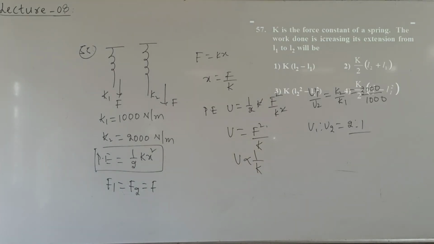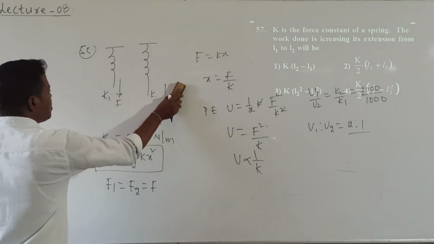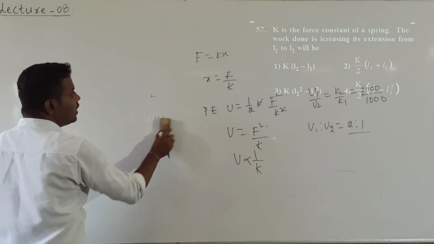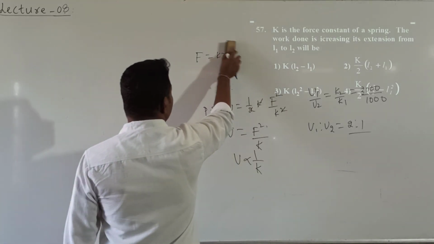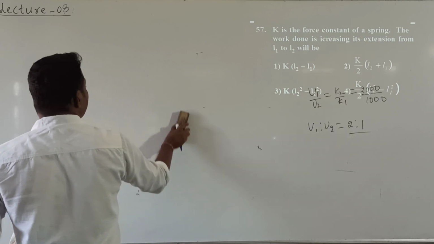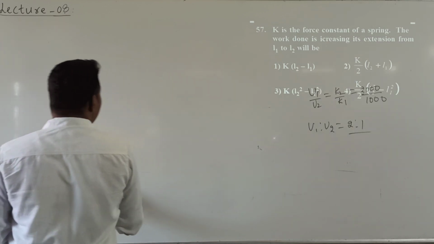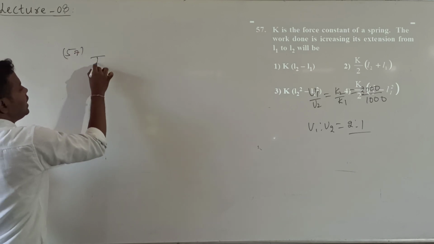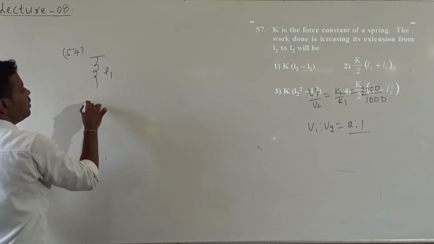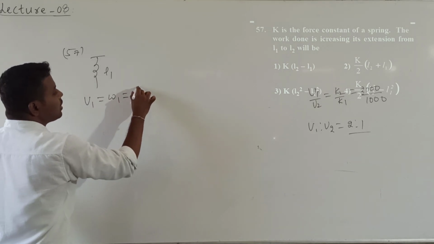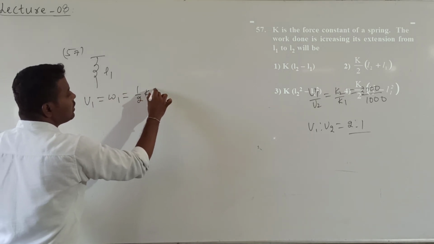Next, question number 57. This question also comes from the work energy power chapter. If K is the force constant of a spring, then what is the work done in increasing its extension from L1 to L2? Initially, when the length is L1, the potential energy or work done U1, which is W1, is equal to half into K into L1 square.